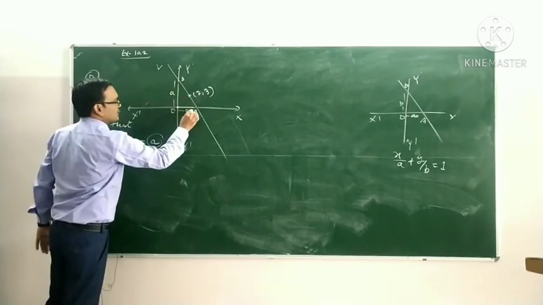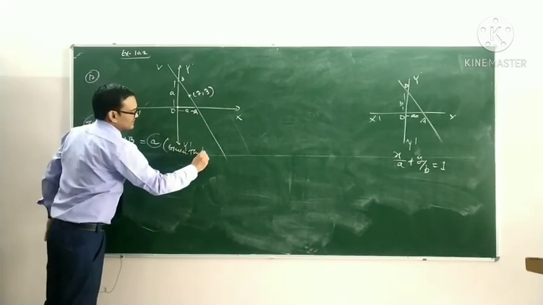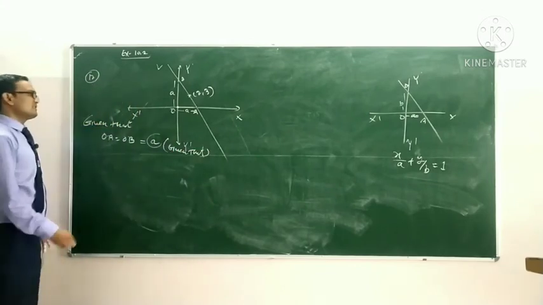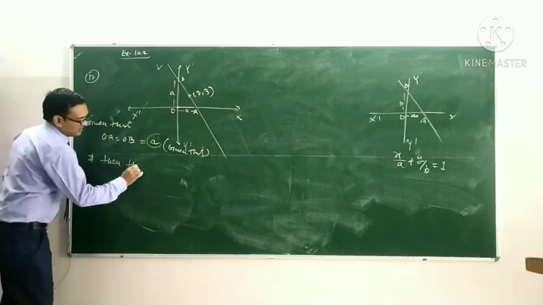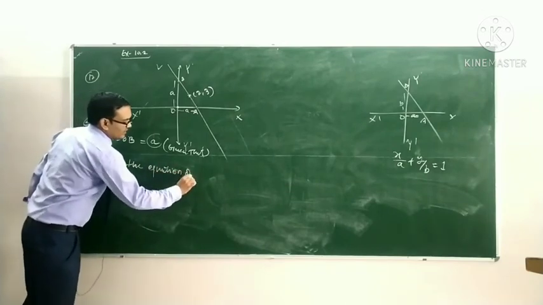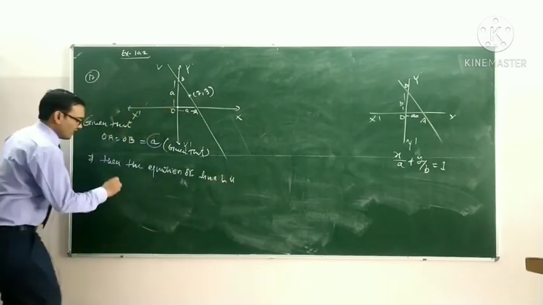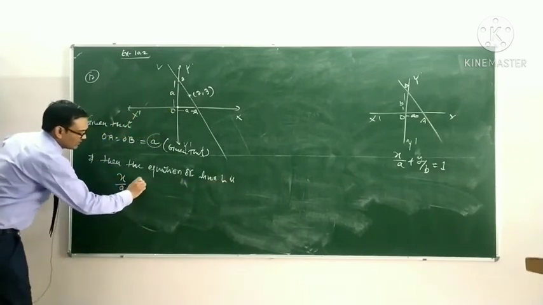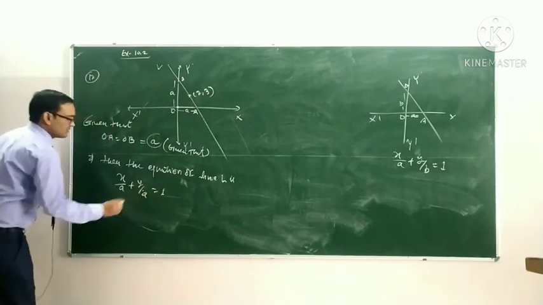We suppose that because it is given. Then the equation of line L is x upon a plus y upon a is equal to 1.